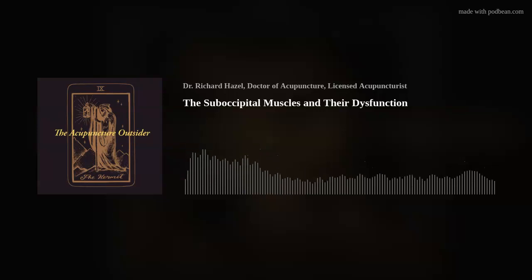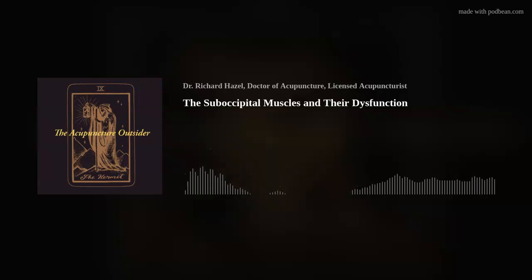That's actually the blood supply of these suboccipital muscles. It's the vertebral arteries. So they're right there at that transverse process where it originates, which is very likely where the blood supply for that muscle is.